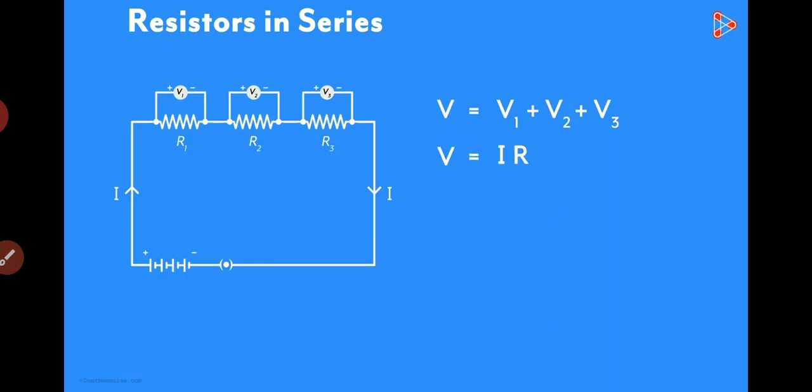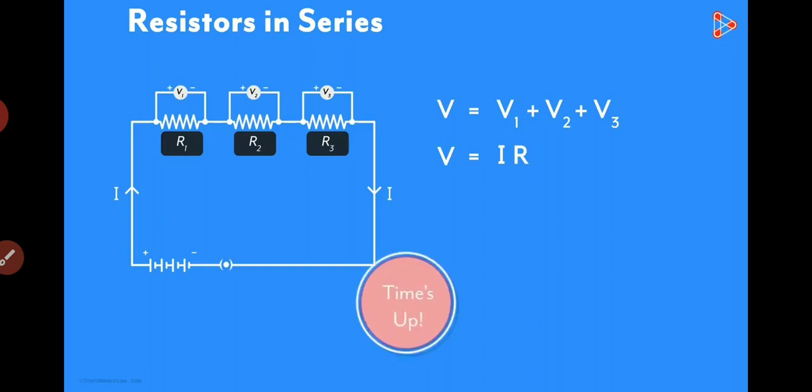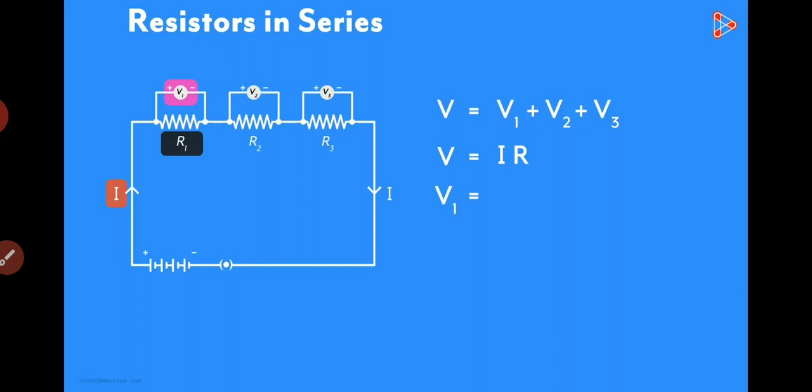Can you try applying Ohm's law to each resistor separately? It's easy. For the first resistor, the potential difference is V1 volts, the current flowing through it is I amperes and the value of the resistance is R1 ohms. Applying Ohm's law for the first resistor, we get V1 equal to I times R1.